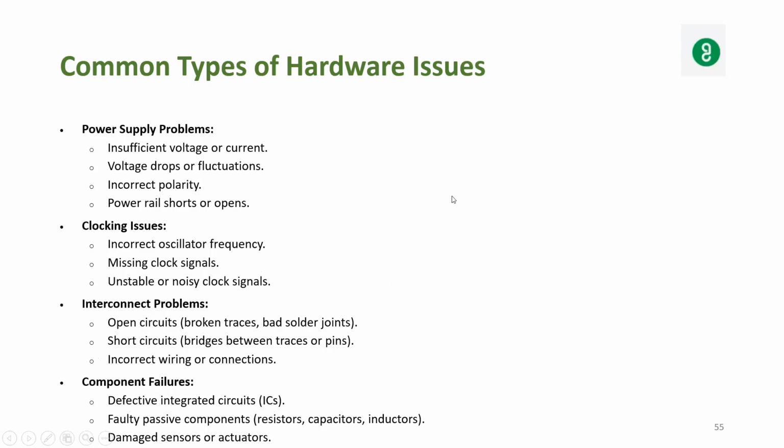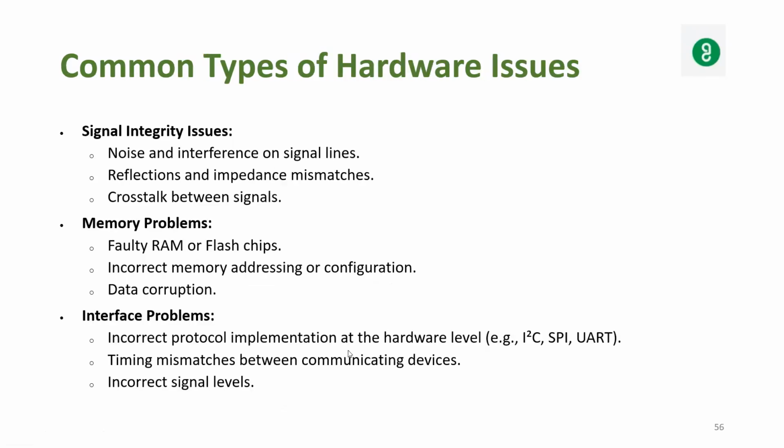Component failures: defective integrated circuits, faulty passive components, and damaged sensors and actuators. Signal integrity issues: noise and interference on signal lines, reflections and impedance mismatches. You have to calculate the impedance properly; if there is a mismatch in impedance, this issue will occur. Crosstalk between signals. Memory problems: faulty RAM or flash chips, incorrect memory addressing or configuration, and data corruption.